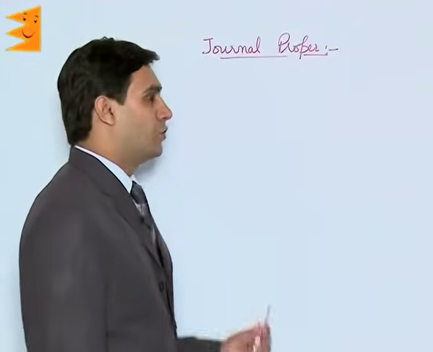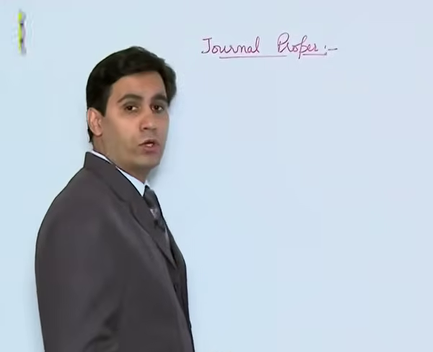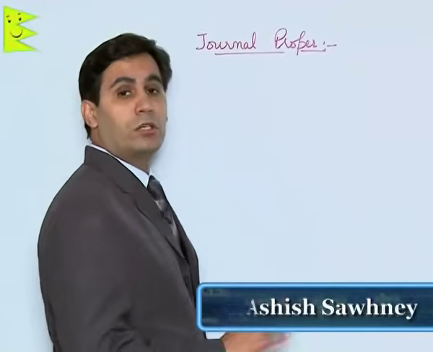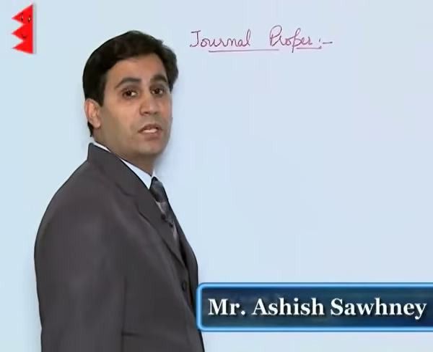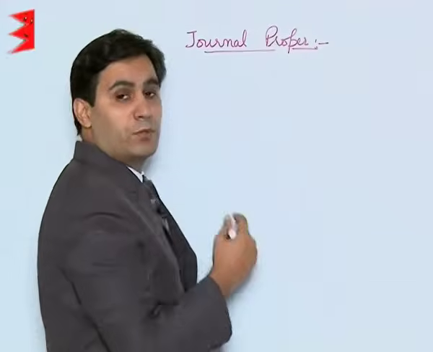Journal proper. Now journal proper is a book which is used to record entries which are not recorded in any of the subsidiary books like purchase book, sales book or cash book.